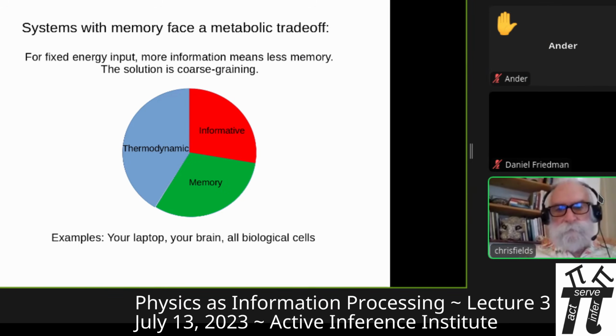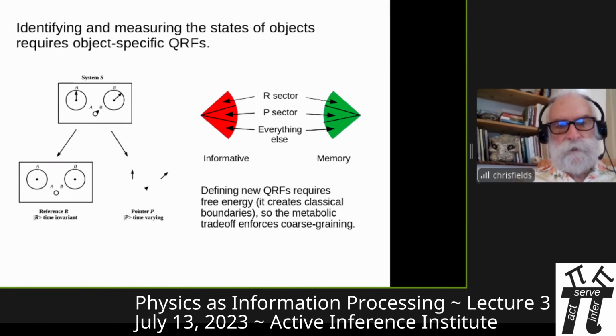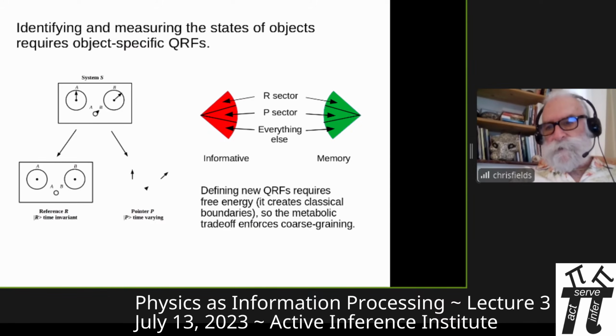Okay, so let's follow the consequences of this metabolic issue. If you have a system that's a little bit smarter than our minimal system, that can actually detect and measure the states of objects, it has to do even more work because it has to encode even more QRFs. So think of measuring the state of some object like a voltmeter in a laboratory. If I tell you to go into the lab and tell me what the voltmeter is reading, then the first thing you have to do is find the voltmeter.